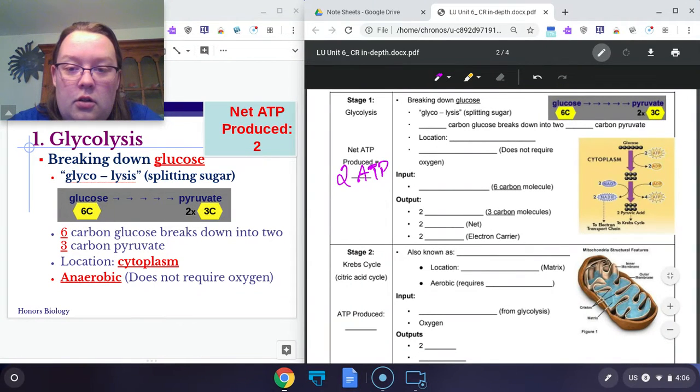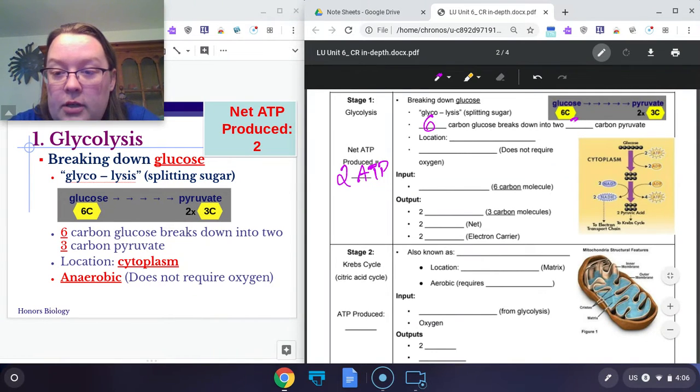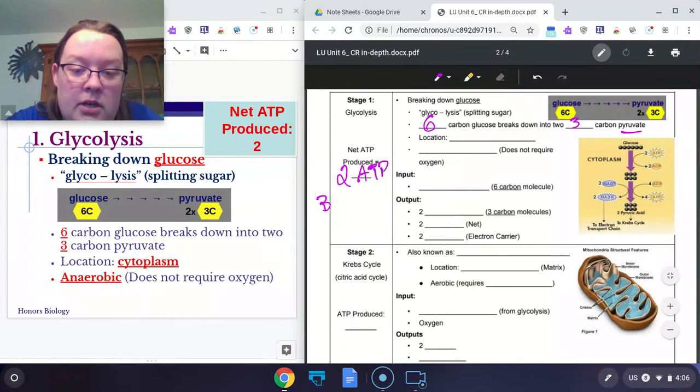So glycolysis is the process of breaking glucose. So what's going to happen is the 6-carbon glucose is going to break in half. So it's going to be broken down into 2 3-carbon pyruvates. So half of a glucose is called pyruvate. So essentially glycolysis breaks glucose in half.